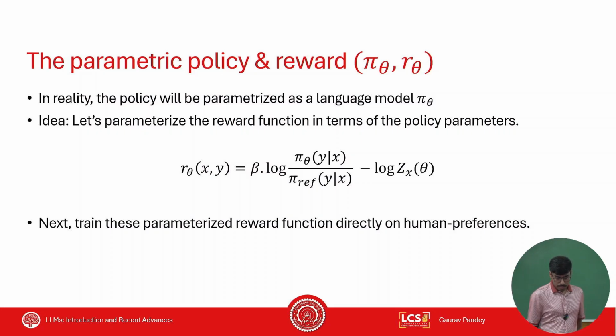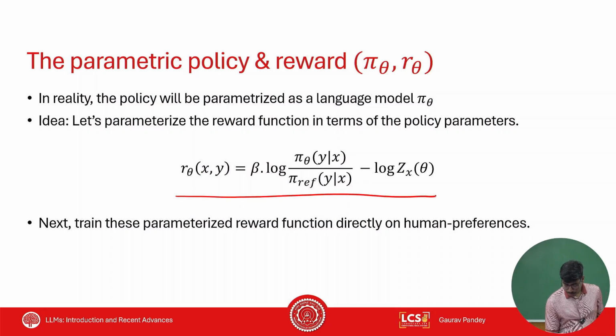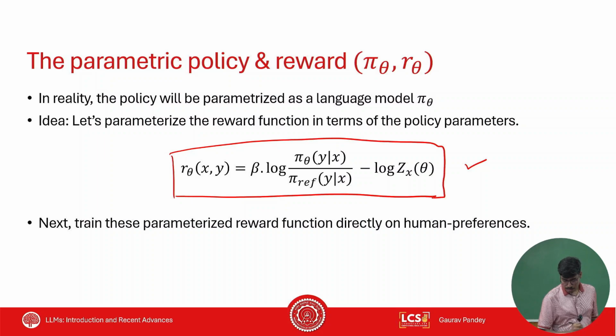This is what DPO assumes: that any reward function DPO cares about can be written in this form. So DPO assumes that your reward function can be written in terms of your parametric policy like this, and then you train this reward function on top of the preference pairs. We'll see that in the next slide.